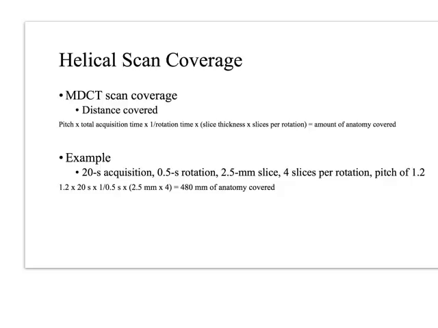A 16-slice machine is 16 slices because it's 2 to the 4th power. Do you get what I'm saying? So the slice count of a CT scanner is directly related back to the binary codes of computers and stuff like that. So there's no such thing, for example, as a 17-slice CT scanner.